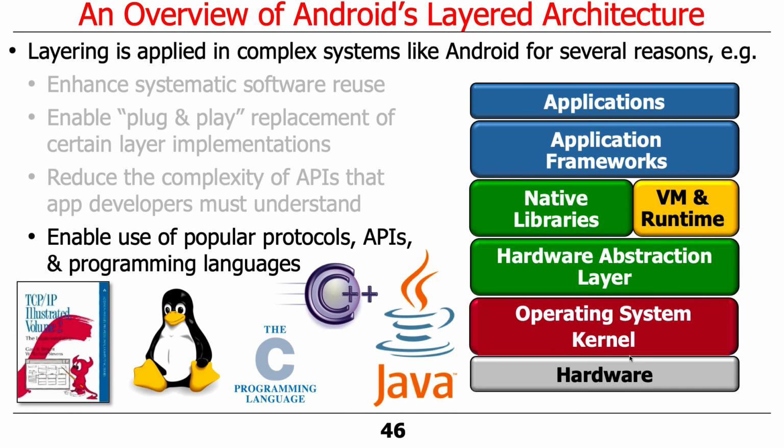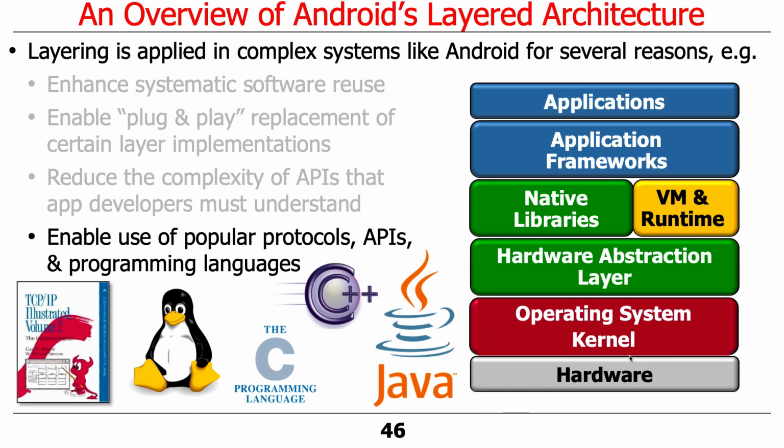Another thing that Android gets from using layered approaches is the ability to reuse popular protocols, popular APIs, and popular programming languages that application developers were already familiar with. For example, Android Linux uses TCP/IP. That implementation pretty much comes off the shelf. They probably had to do little or nothing to it to make it work in Android.